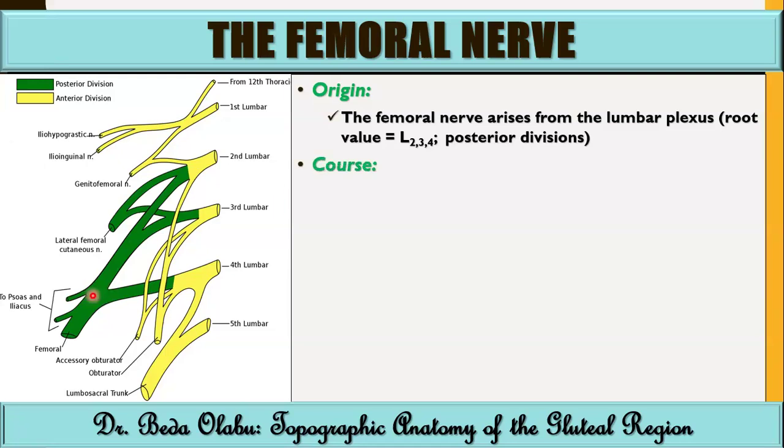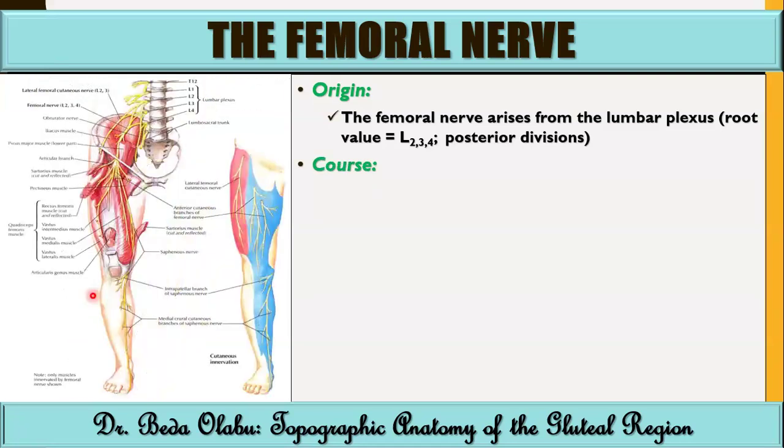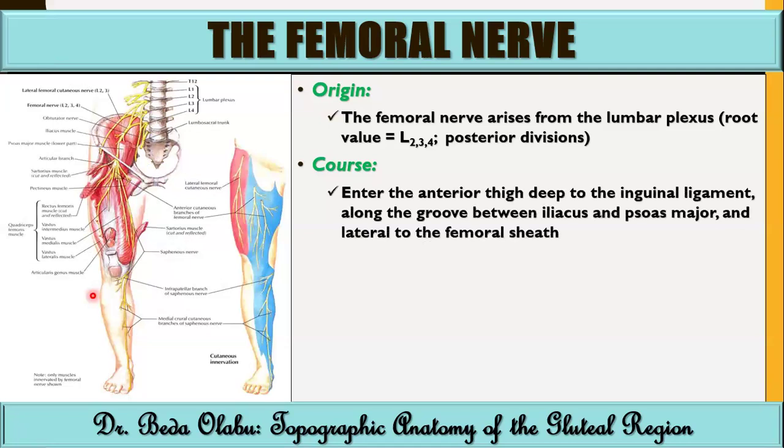What is its course? The femoral nerve, once formed in the pelvis, will curve through the pelvic surface, on the surface of the muscle iliacus, pass below the inguinal ligament, between the muscle iliacus and the tendon of psoas major.